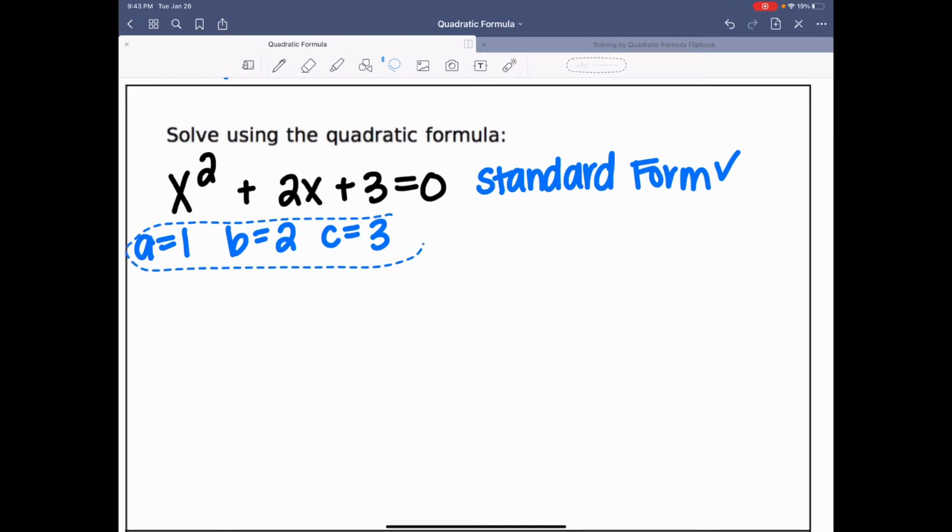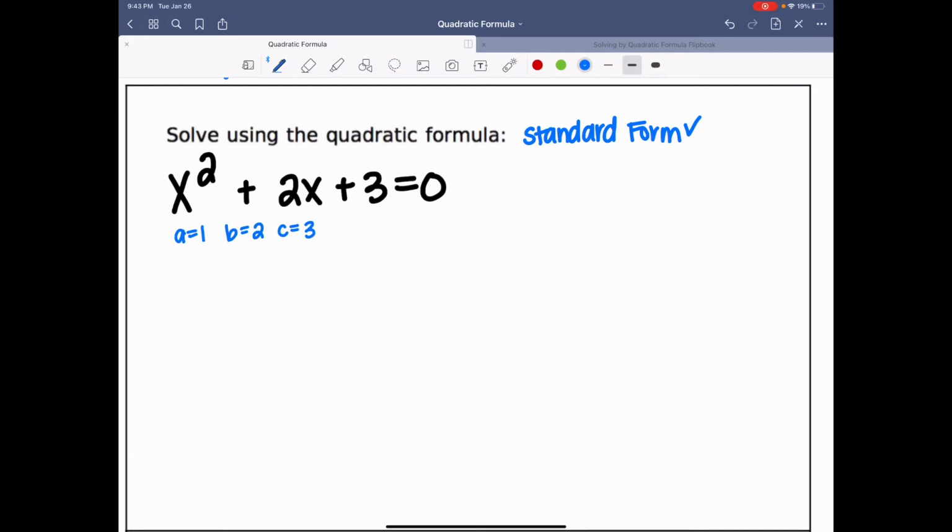So we are still going to use the quadratic formula, which is x equals negative b plus or minus the square root of b squared minus 4ac all over 2a.